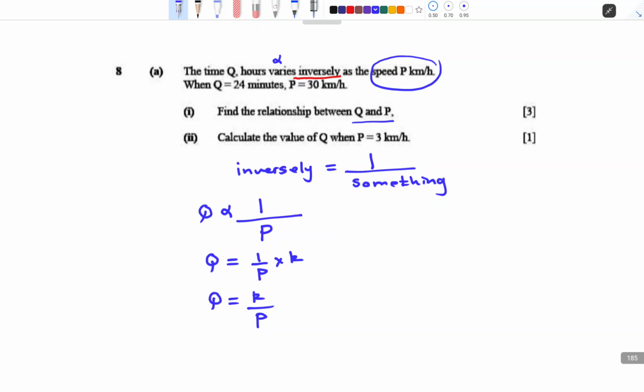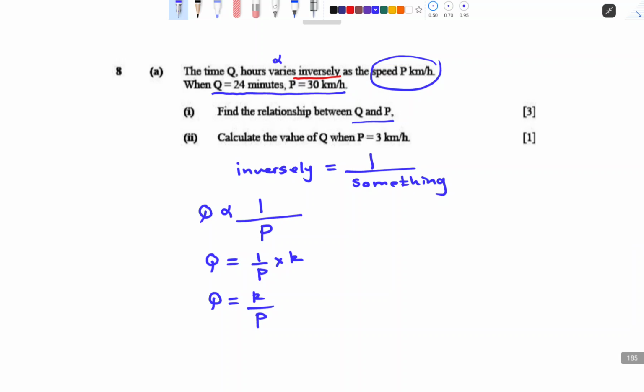A complete set is whereby the value of Q is given and the value of P is also given. A pair given representing the value of Q and the value of P at the same time. If you substitute that given pair of values, it will assist you to find the constant K.